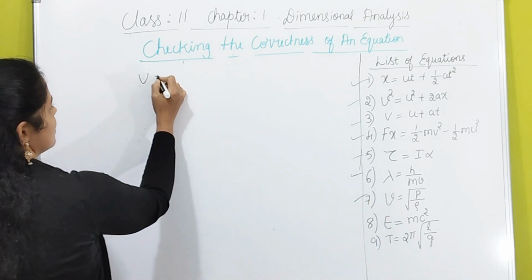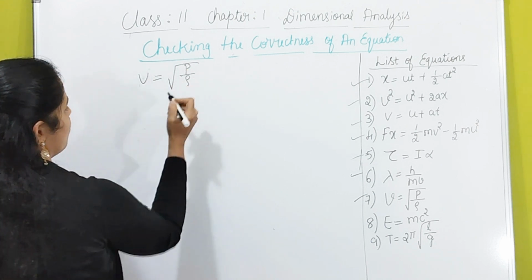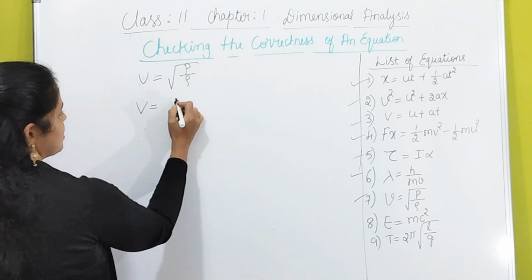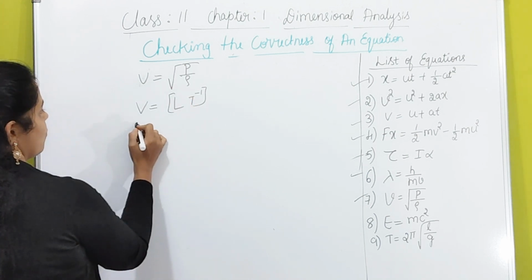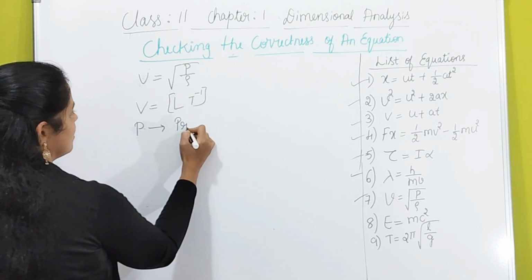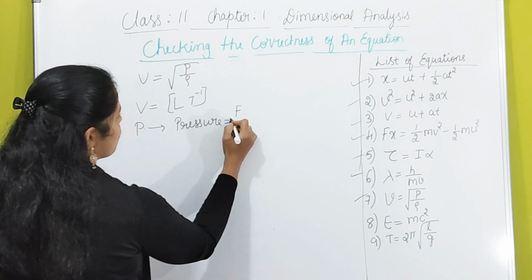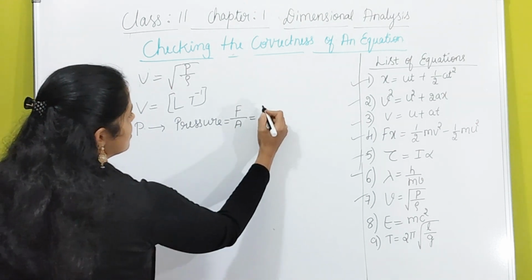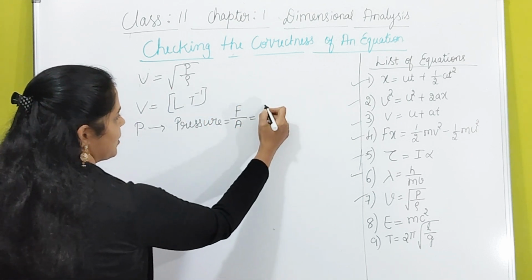Velocity is equal to square root of pressure by rho. We know that the dimensional formula of velocity is LT minus 1. What is P? P is pressure. The definition of pressure is force per area. If you don't know directly, then write the definition and write the dimensional formula.